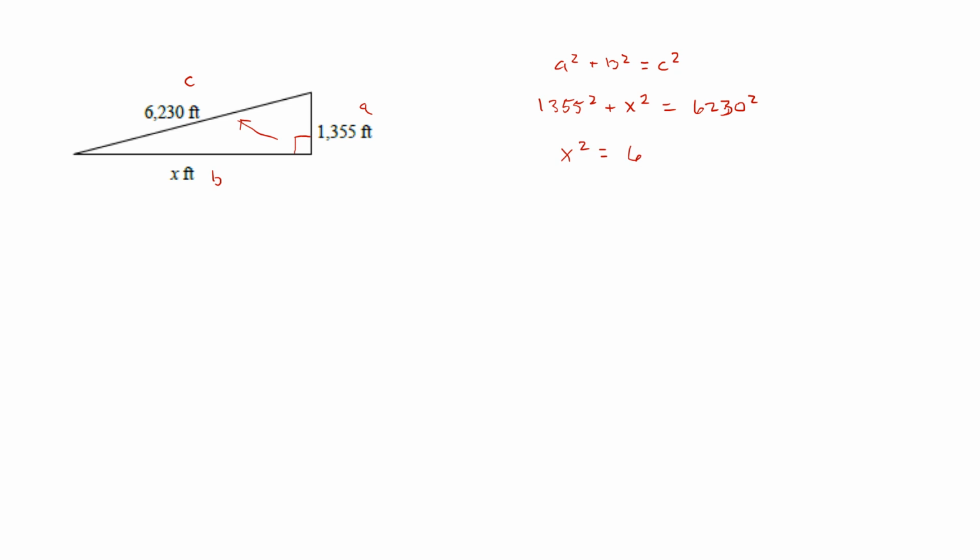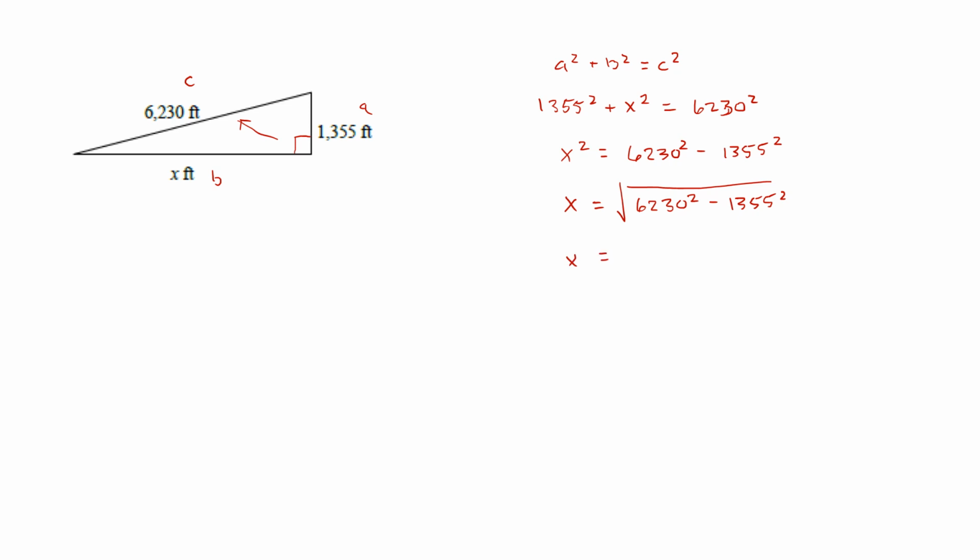So that'll be 6230 squared minus 1355 squared. To get the variable x by itself without a square, I have to take the square root. So I'll take the square root of 6230 squared minus 1355 squared.